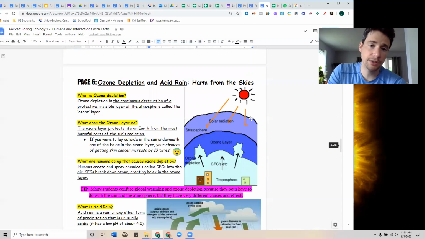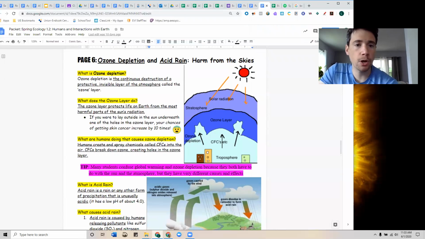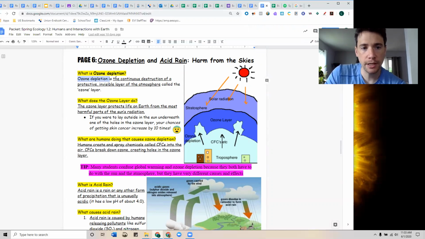Moving on to page 6, ozone depletion and acid rain. So we're going to talk about the ozone layer, and we're going to talk about acid rain. Okay, so what is ozone depletion? Ozone depletion is the continuous destruction of a protective, invisible layer of the atmosphere called the ozone layer.